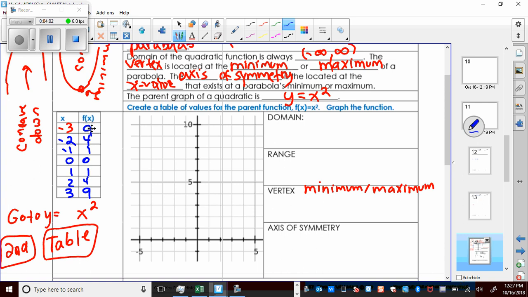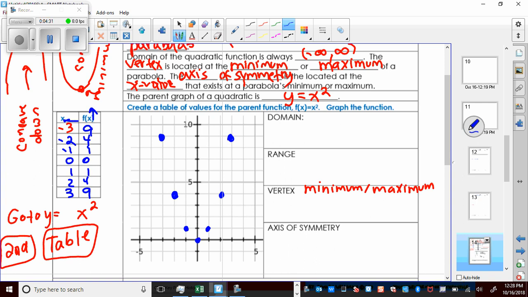So when I graph these points, I'm going to go left 3, up 9. If you're still struggling with graphing, I'm showing you how to do it. Left 2, up 4. Left 1, up 1. 0, 0. Right 1, up 1. Right 2, up 4. And right 3, up 9.